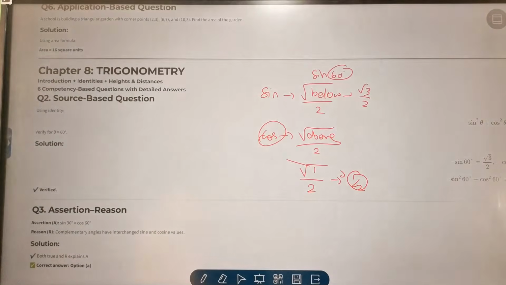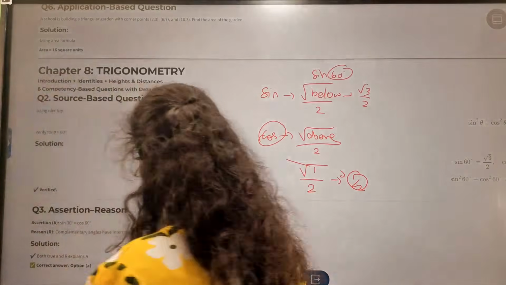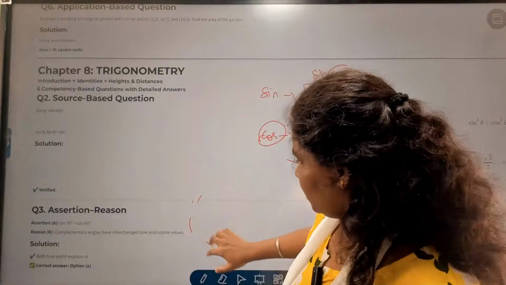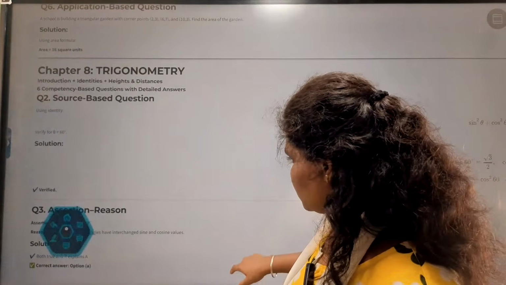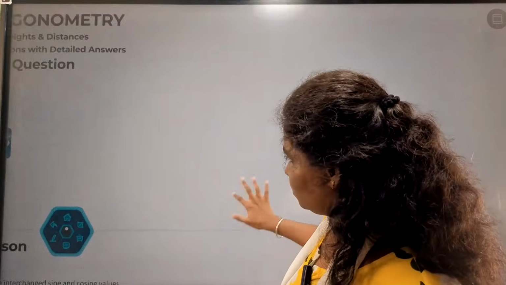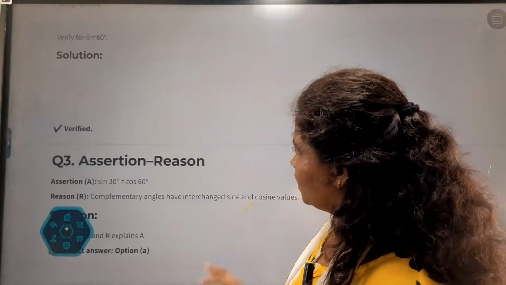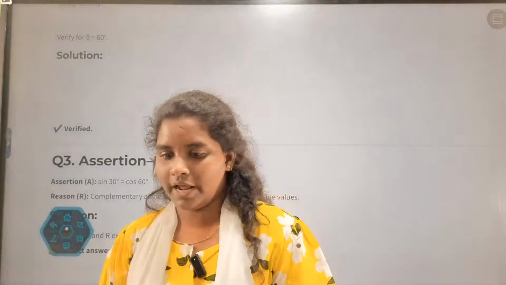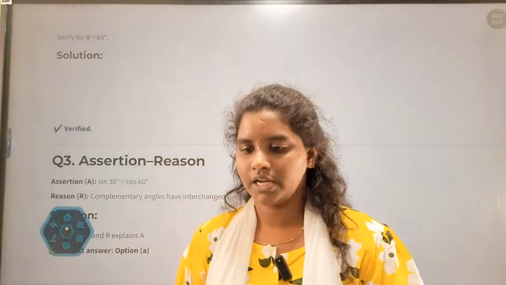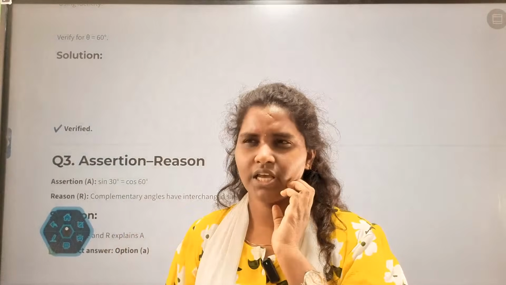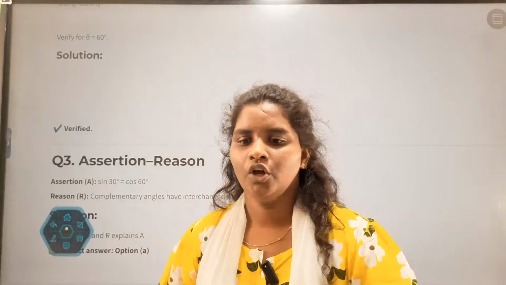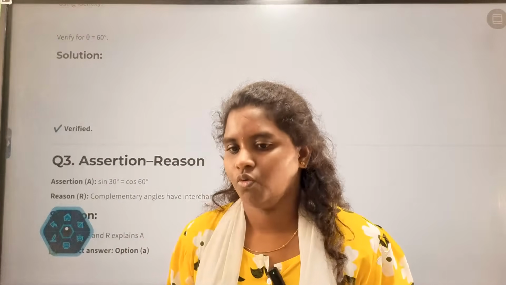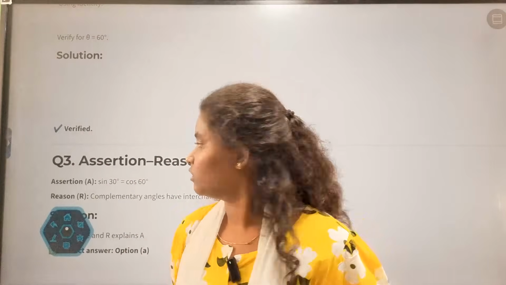Okay, yes. See, here they given an assertion and reason question. Sine 30 is equal to sine 60. Is this right? Sine 60 is equal to 1 by 2? What about sine 30?